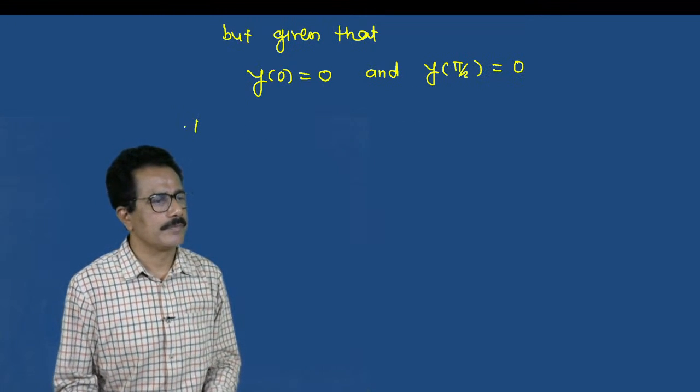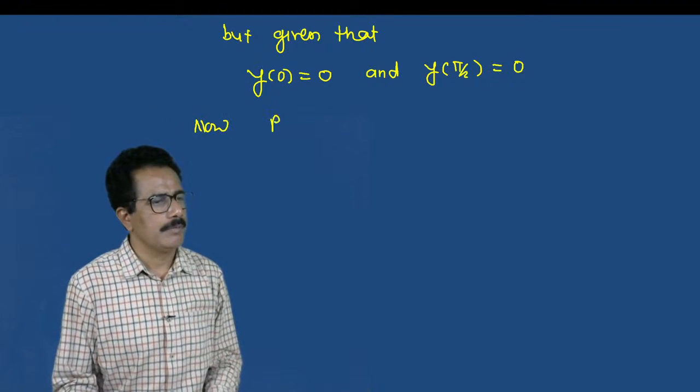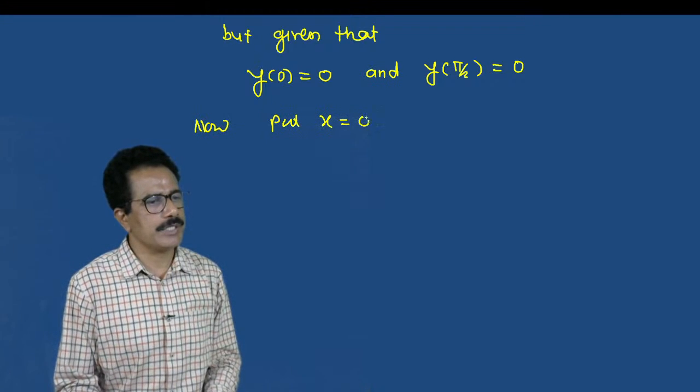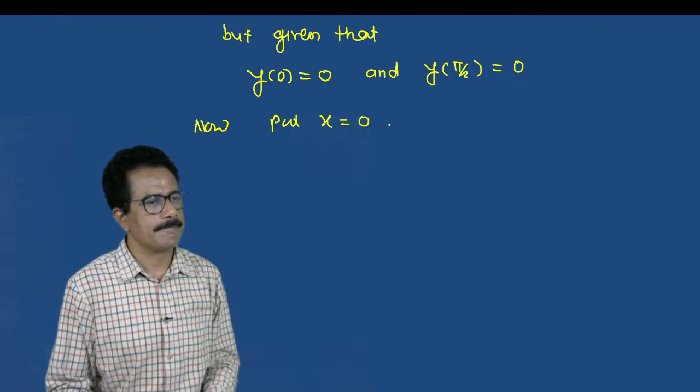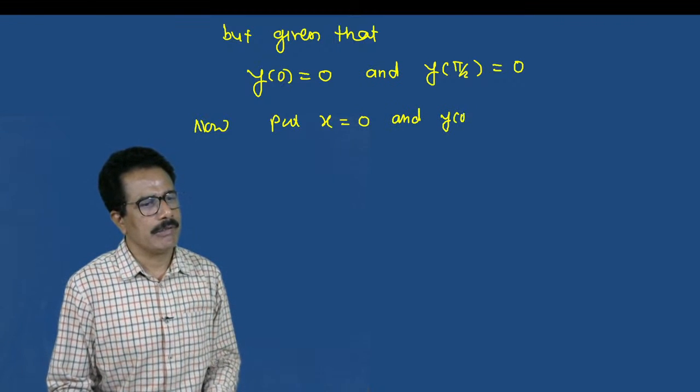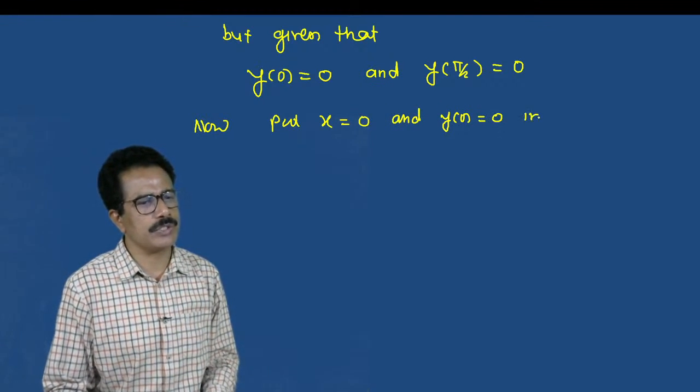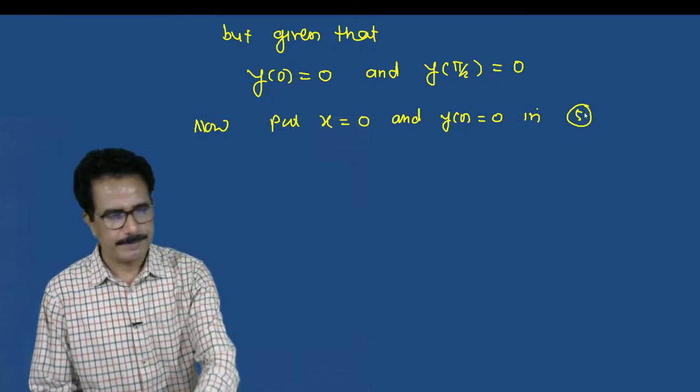Now put x is equals to 0 and y of 0 is equals to 0 in equation 5.